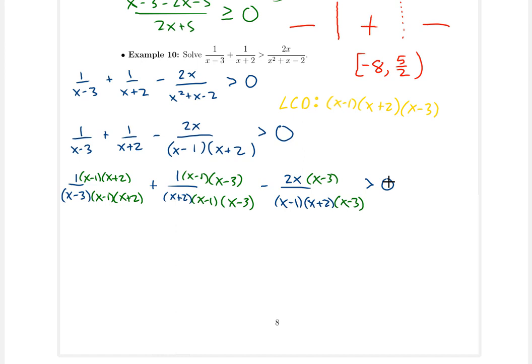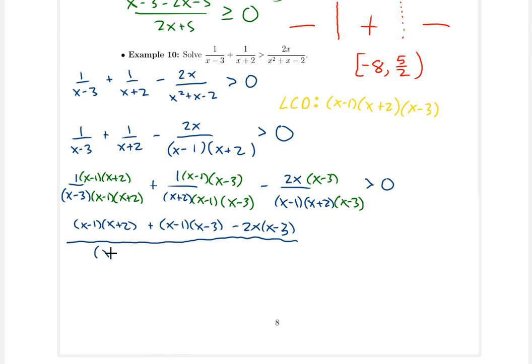Okay, so now we can combine it all. So I can have x minus 1 times x plus 2, plus x minus 1 times x minus 3, minus 2x times x minus 3, all over x minus 1 times x plus 2 times x minus 3 is greater than 0.